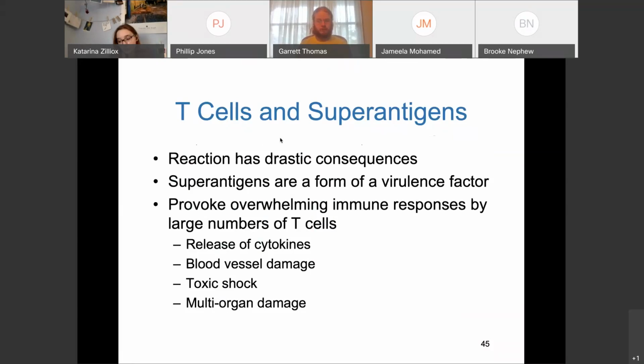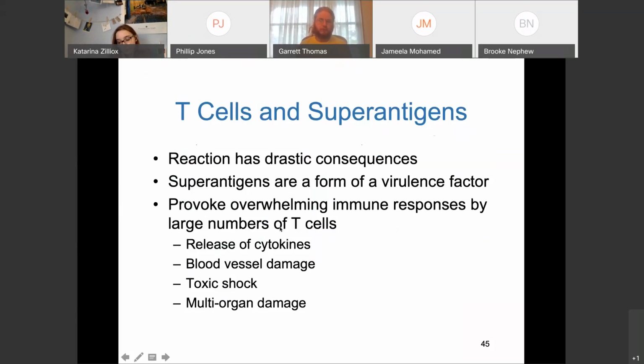Type 4 are T cell related. So if you have any kind of a type 4 reaction, the T cells go in and start destroying tissue. Psoriasis and eczema are types of this. The T cells go in and start destroying the tissue around it for no reason at all.